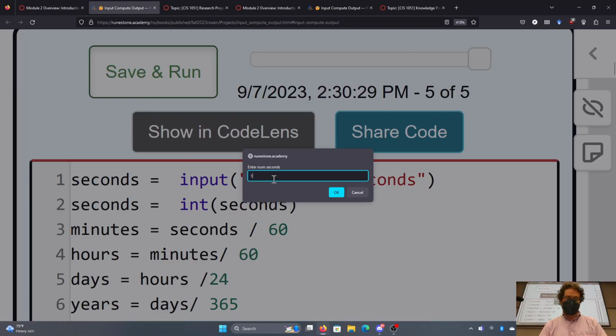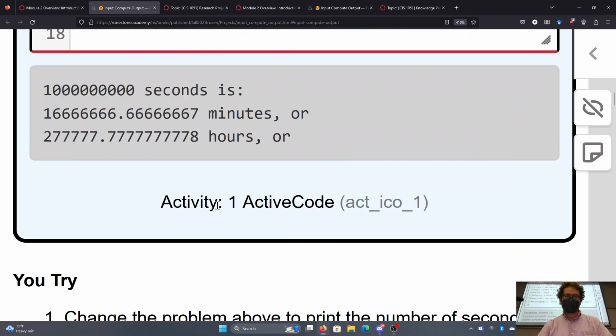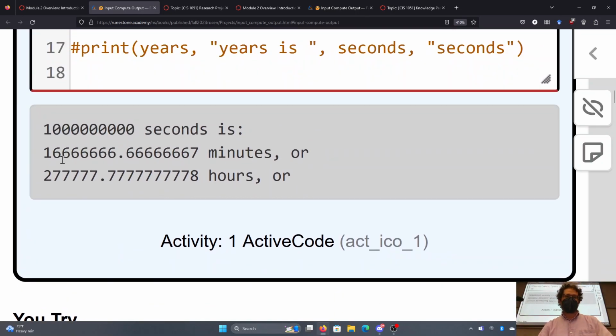Like, again, if I answer in a billion seconds, it's this many minutes, or this many hours, or it's this many years, this many days. Or is it saying it wants to convert it to 31 years, this many days, this many hours? Does that sound familiar to anybody?